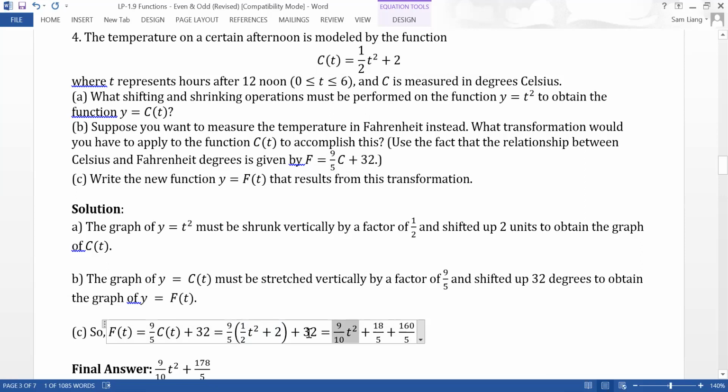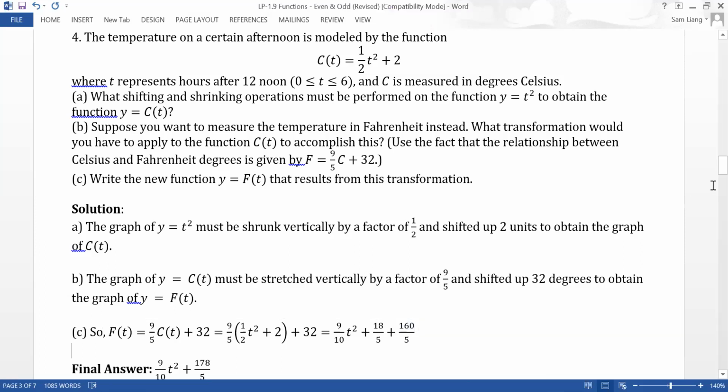18/5, and then 32, which I changed to 160 over 5 because I know we have to add this in the next step. So 32 needs that 5 in the denominator, so 32 times 5: 30 times 5 is 150, and 2 times 5 is 10, so we get 160 in total, 150 plus 10.